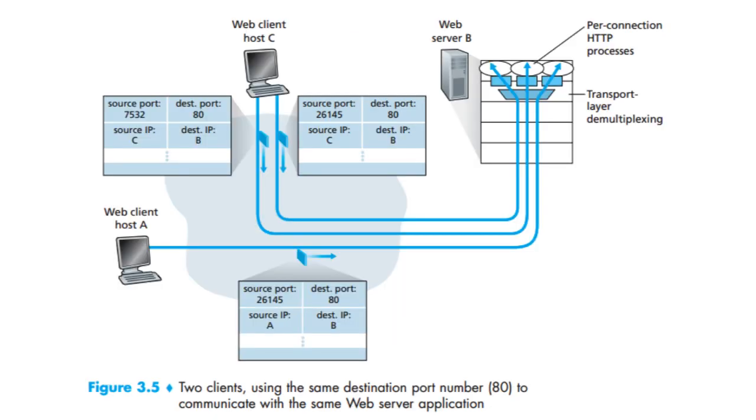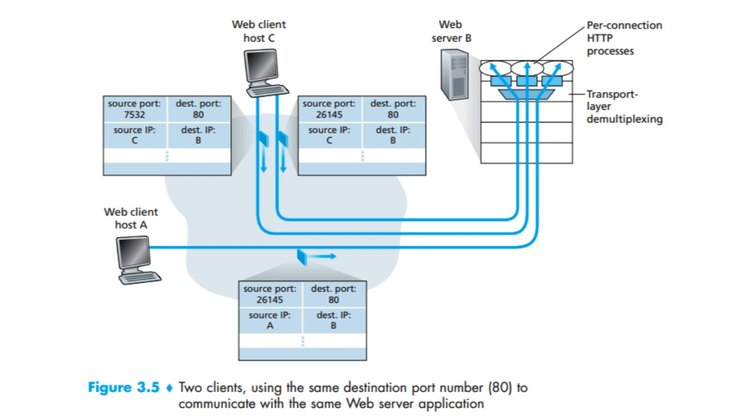Consider the situation illustrated in figure 3.5, in which host C initiates two HTTP sessions to server B and host A initiates one HTTP session to B. Hosts A and C and server B each have their own unique IP address: A, C and B respectively. Host C assigns two different source port numbers, 26145 and 7532, to its two HTTP connections.